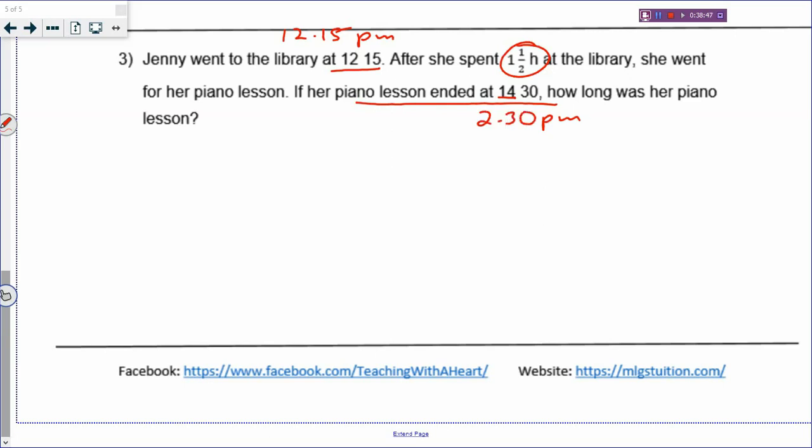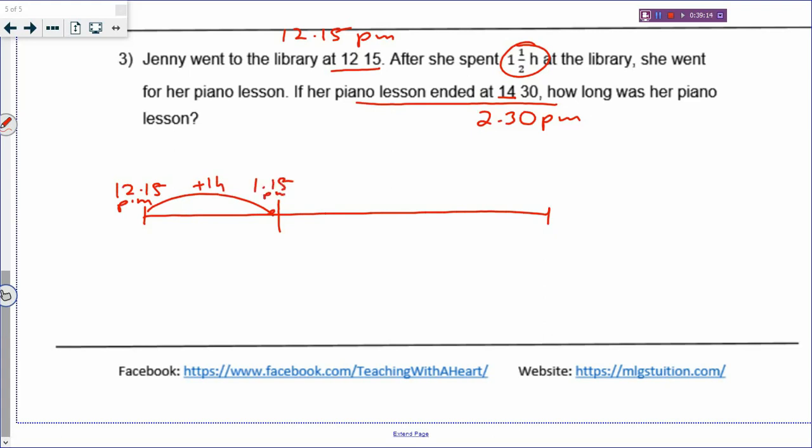So you're going to use the 12 hour time to draw the timeline. So you draw a timeline. How long was the piano lesson? She went to the library at 12:15 p.m. and she spent 1.5 hours at the library. So you jump 1 hour, and that will be 1:15 p.m. Then you jump 30 minutes.